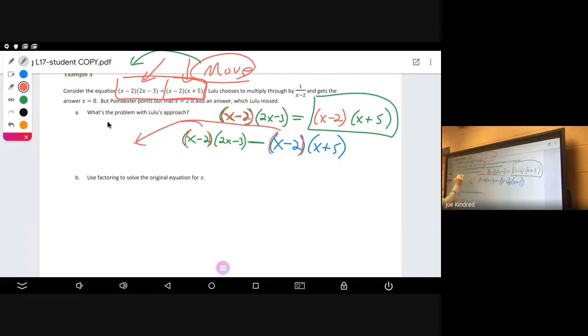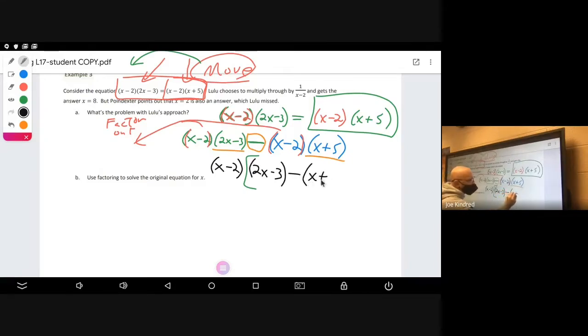I can factor out, in other words, divide out. That's going to leave me with this minus this. So x minus 2 factored out times the quantity 2x minus 3 minus parentheses x plus 5.